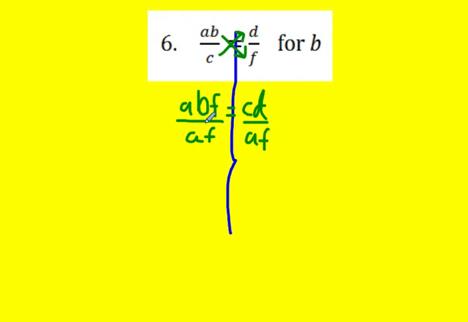So these A's cancel on the left-hand side, and the F's cancel as well. Now over here on the right-hand side, nothing cancels or reduces. So your answer in this case is just B equals CD over AF.